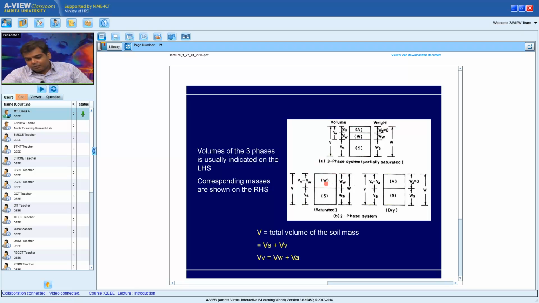That's just one extreme end. In other words, the volume of voids only includes volume of water. Similarly, the other extreme on the right hand side would be when the soil is completely dry. So there is no water. All your voids are now empty, there is only air. So we have volume of voids same as volume of air. That is the other extreme.